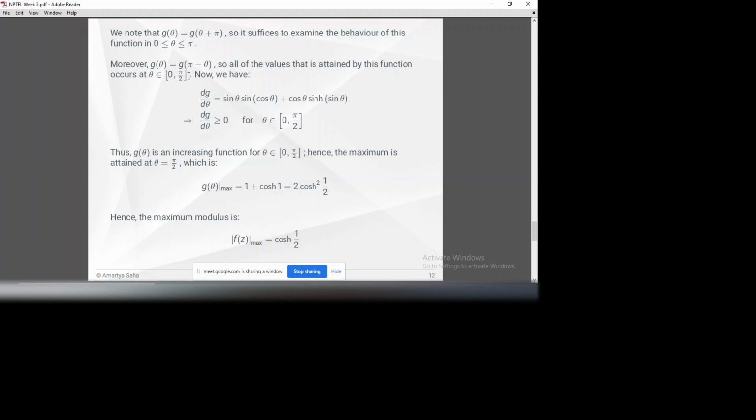If we just look at the values of this function in this small region 0 to pi by 2, we will immediately tell all the values of this function that will be attained in the whole domain 0 to 2 pi. So now we will focus our attention on this region 0 to pi by 2.